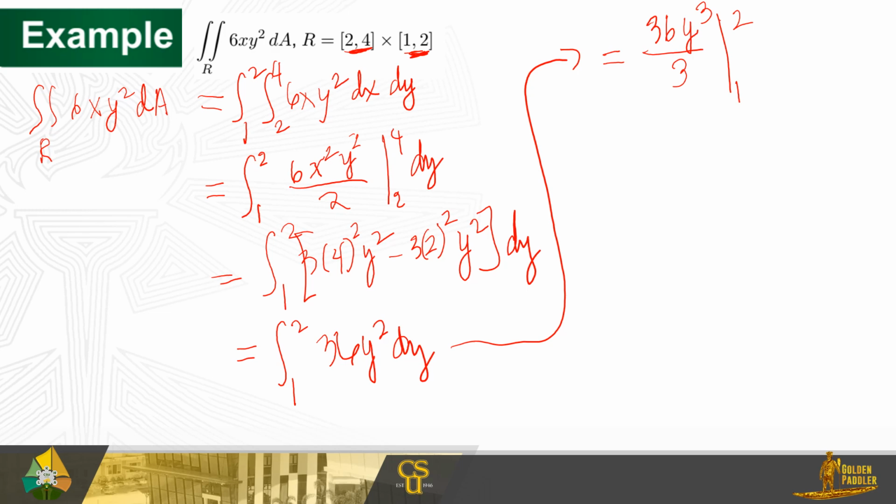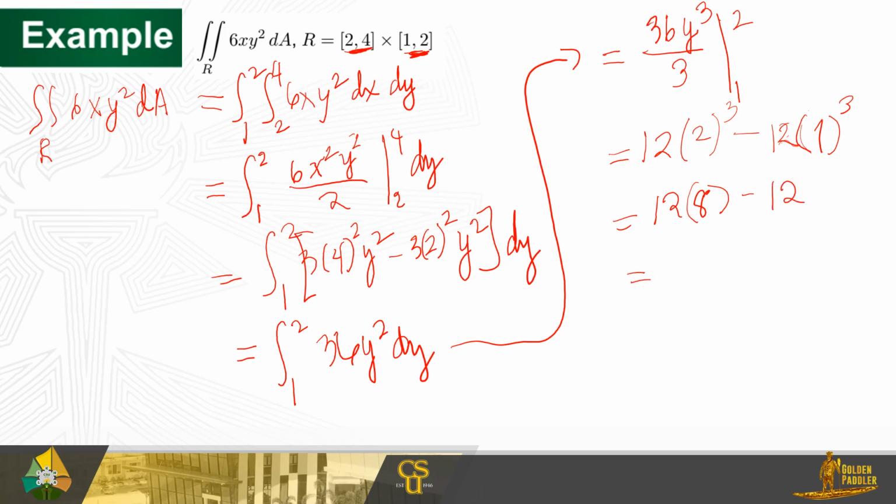We know that 36 over 3 is equal to 12. So we have 12 times y, which is 2 cubed, minus 12 times 1 cubed. So 2 cubed is 8. So we have 12 times 8 minus 12.